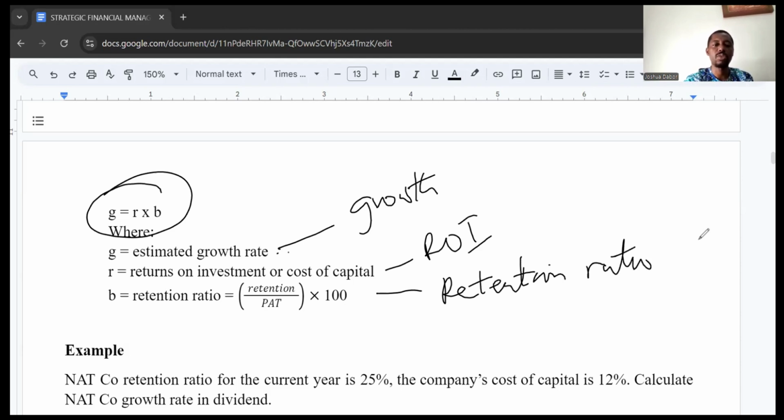So the retention ratio is the retention, that's the amount retained, all over profit after tax times 100.